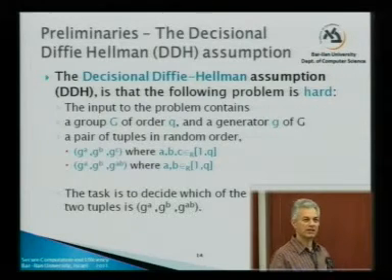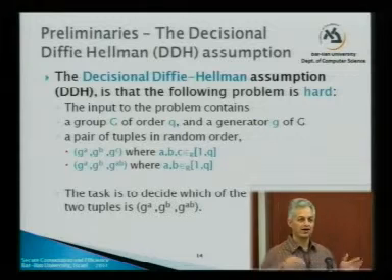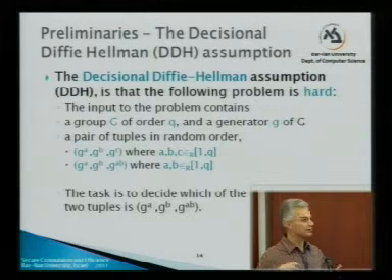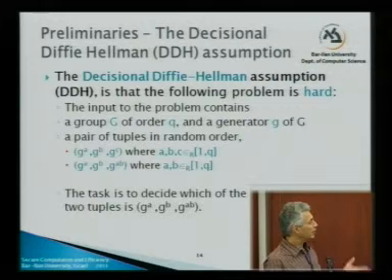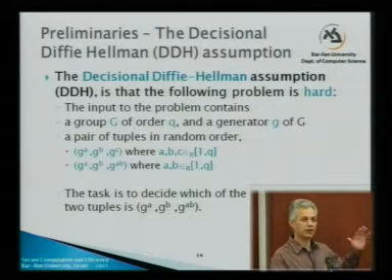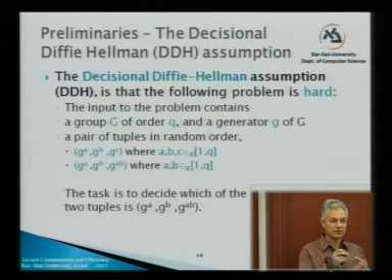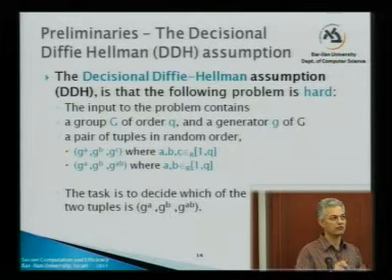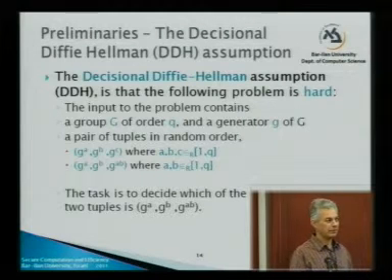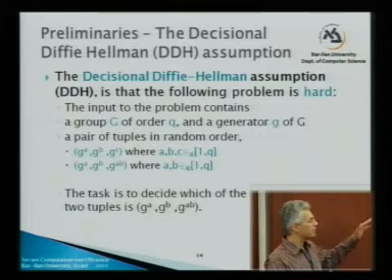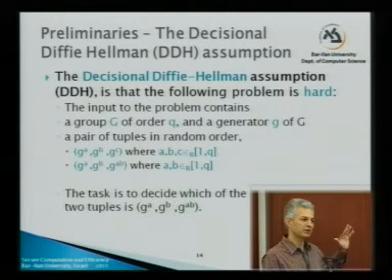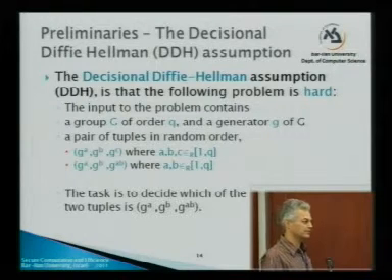So the computational Diffie-Hellman assumption is the open question version, where you have to compute g to the ab by yourself. And the DDH version is the closed form version, where I give you 2 answers, and all you have to do is choose which one of them is the true one. But the assumption is that even this version is hard. You can guess with probability 50%, but that's all that you can do.